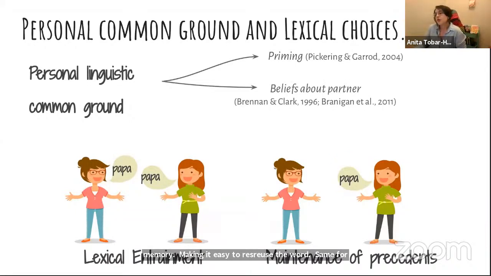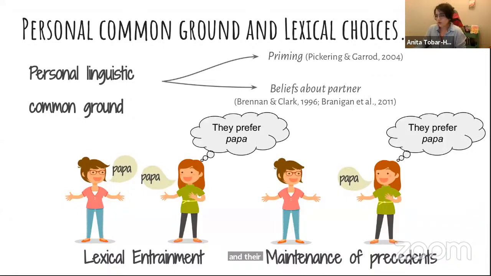Another explanation, though, highlights the roles of speakers' beliefs about their partner in their lexical choices. So these accounts suggest that the speakers reused lexical choices because they believe that their partner's previous use of the word papa in this case means that their partner prefers this word.